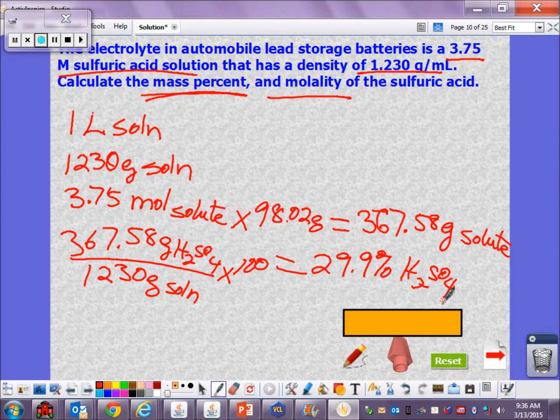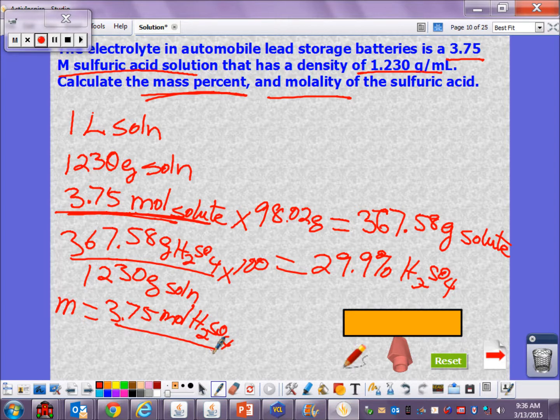Okay, so this is the mass percent. How about the molality? The molality equals the moles of the solute. I label everything here. It is 3.75 moles of solute, moles H2SO4, over the kilograms of the solvent. What is the kilograms of the solvent?